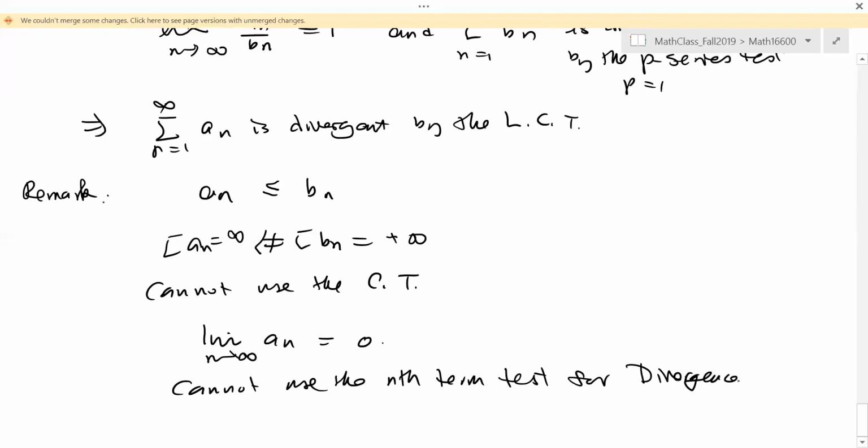Why? In the nth term test, if the limit is not 0, then it's divergent. If it's 0, then you cannot say. That's the first point. Second point.